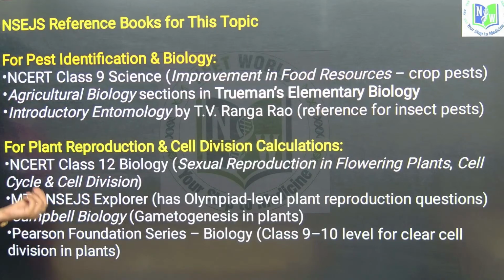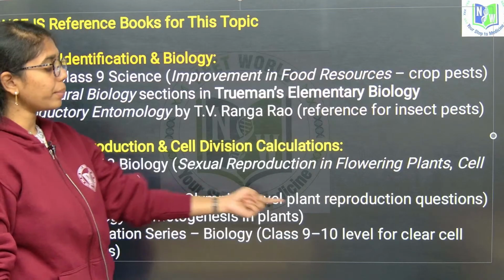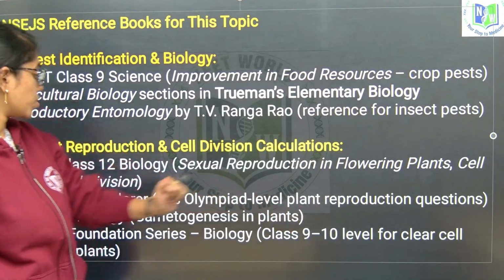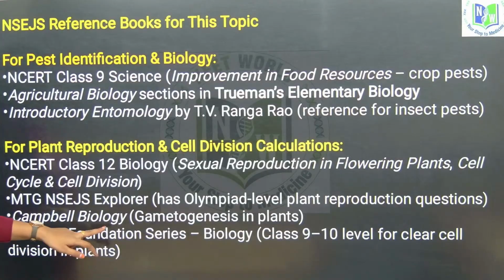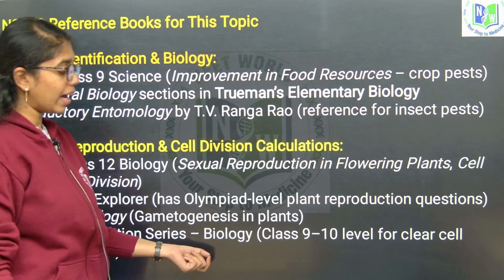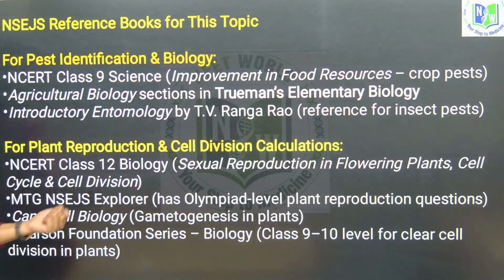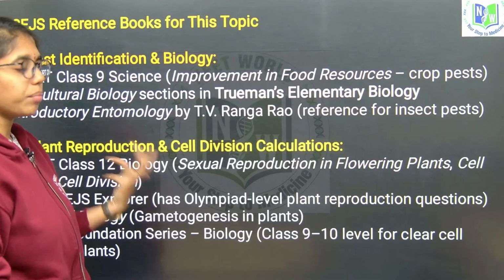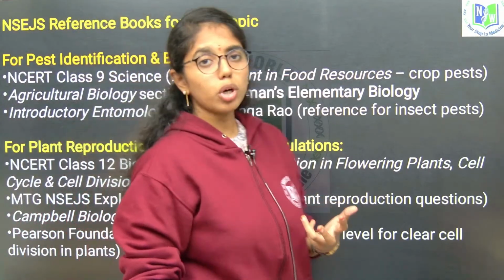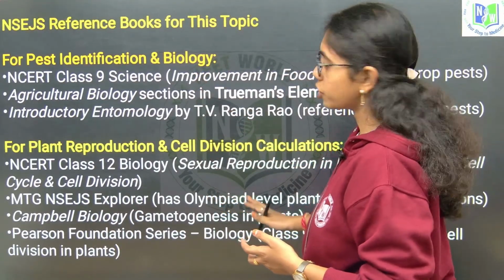Or you can go for MTG NSEJS Explorer, which has Olympiad level plant reproduction questions, or Campbell, or Pearson. You can go through the Pearson Foundation series of biology for class 9 and 10 level for clear cell division in plants. So these can be your best reference books for both topics, plant reproduction and cell division.